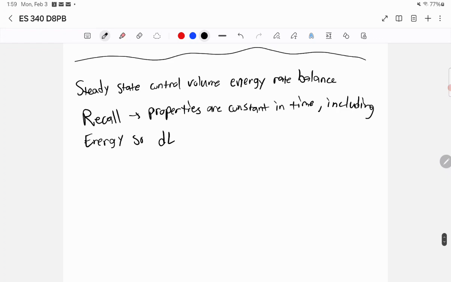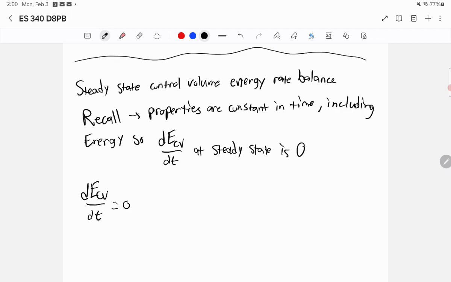So dE_CV/dt at steady state is 0, or to write it more explicitly, it's equal to 0, right?